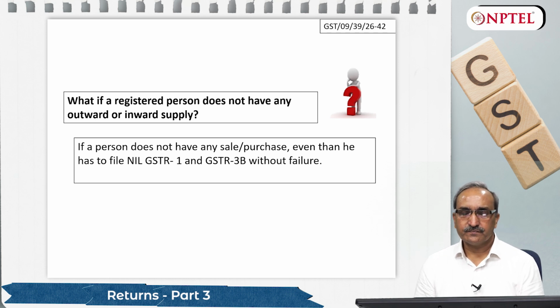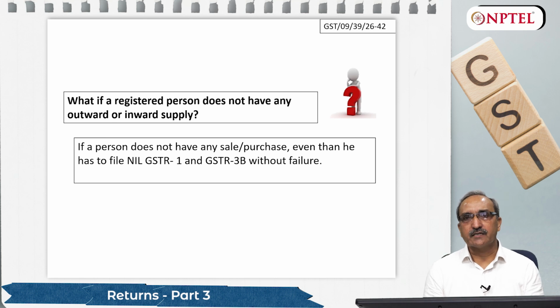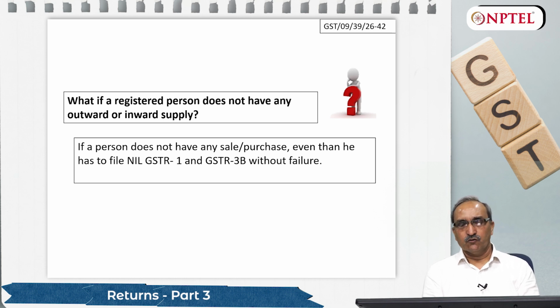So friends, as I told you, if you have a GST number, you are supposed to comply with each and every provision of law without failure. So if you don't have any sale during the month, is return filing compulsory? Answer is yes.